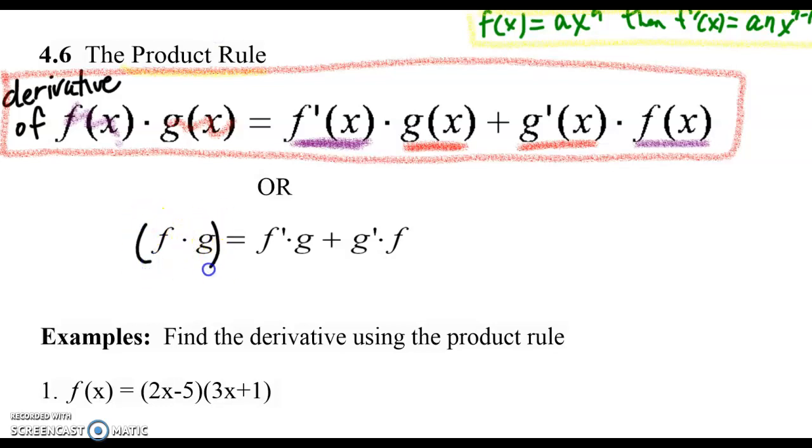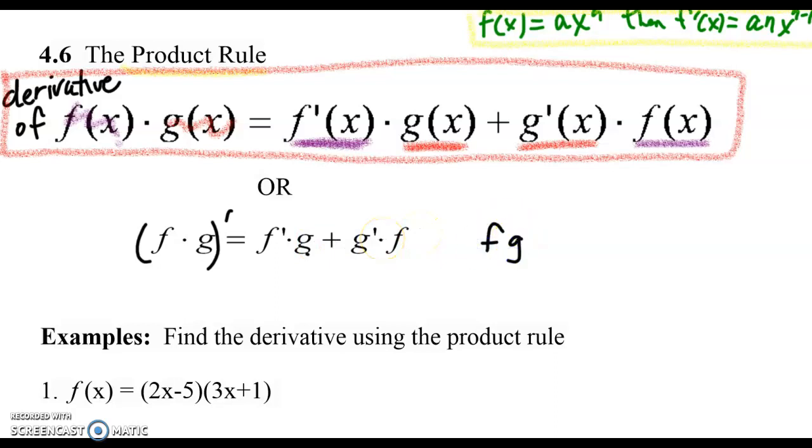When we find the derivative of f times g, that will equal the derivative of the first factor multiplied by the second factor plus the derivative of the second factor multiplied by the first factor. I have this memorized a tiny bit different way.